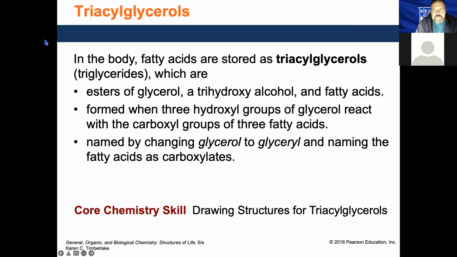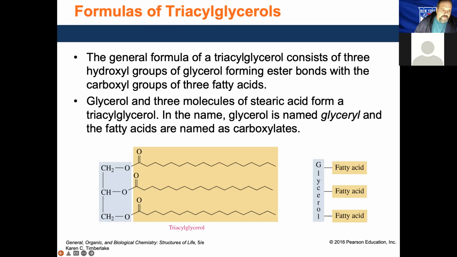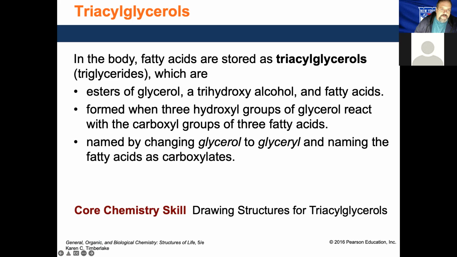Triacylglycerols are made by three esterification reactions using the same alcohol. The alcohol component of a triacylglycerol is always going to be glycerol. Glycerol is a trihydroxy alcohol that has the following structure.